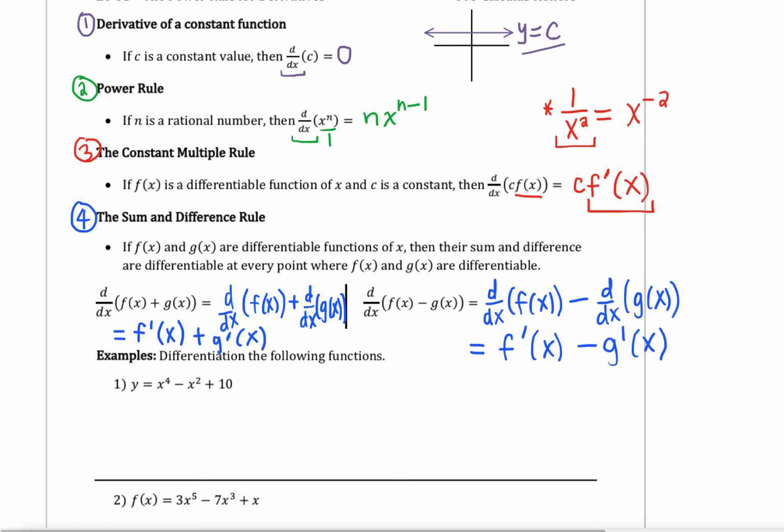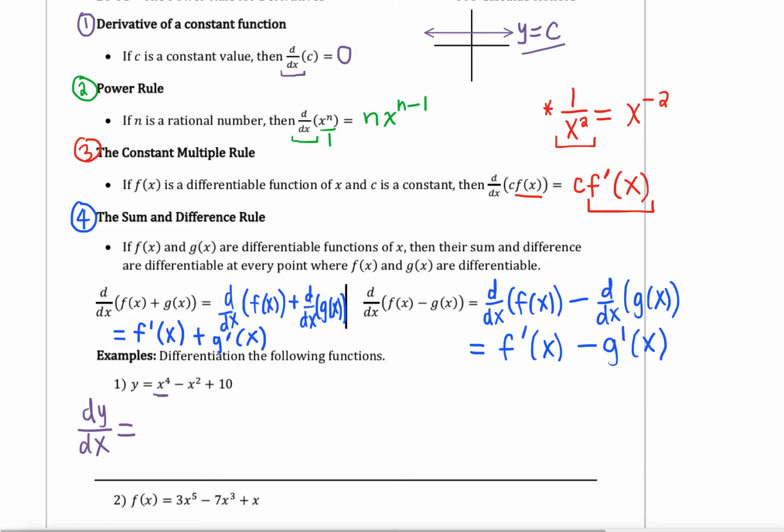So I want to find the derivative of y. One way that we could represent that is by calling that dy over dx, and that derivative would be equal to the derivative of each one of these terms on their own. Because I have a sum and difference here of x to the fourth, which we can differentiate, minus x squared, which we can also differentiate, plus our constant of 10. So we're going to term by term differentiate this.